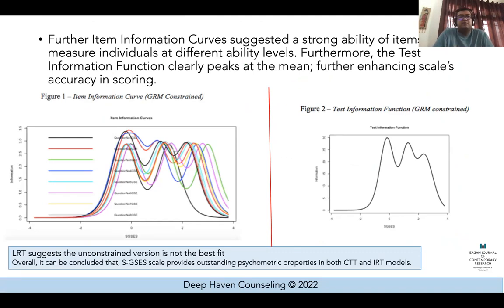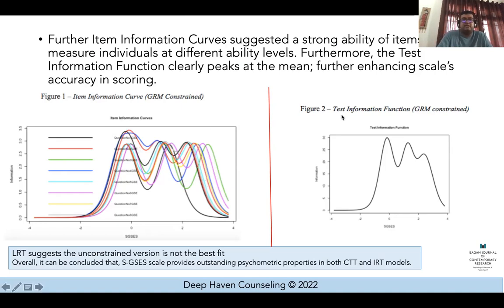So further, item information curves suggested the strong ability of items to measure individuals at different ability levels. Furthermore, the test information function clearly peaks at the mean, further enhancing the scale's accuracy in scoring. This was something that I read in one of the papers, where they say that it should peak like this to demonstrate the scoring accuracy of the scale.